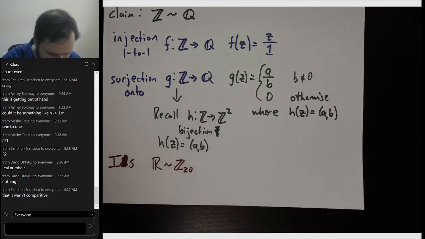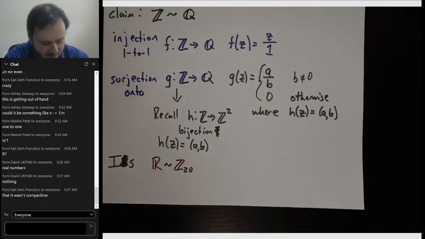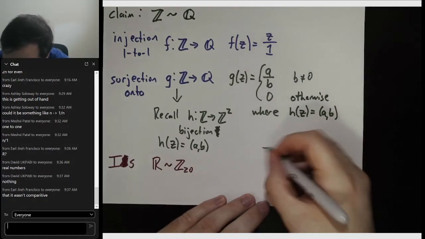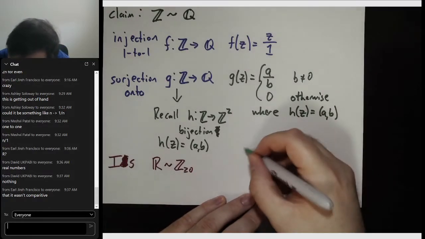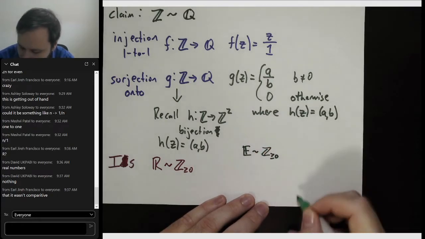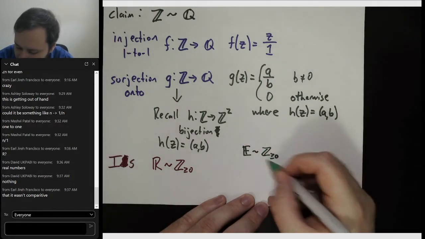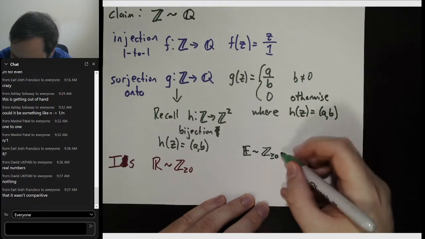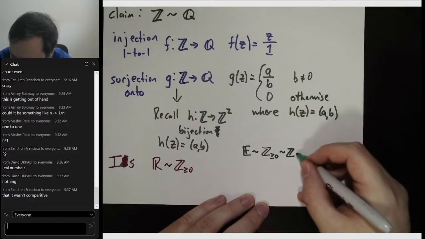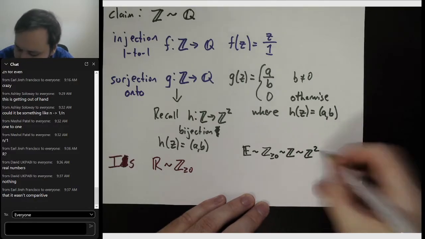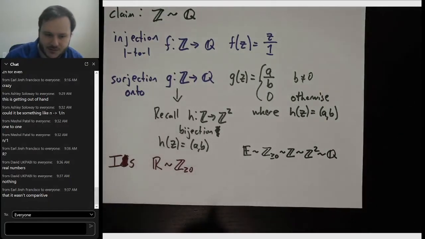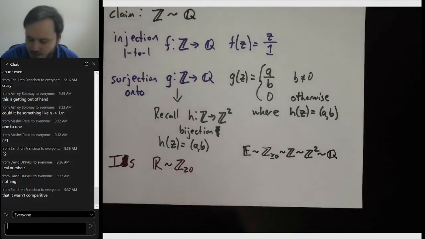Right, so far, here's what we've seen. Let me summarize what I've got for you. This is not the exact order I've done things, but the even numbers are equinumerous with the non-negative integers, are equinumerous with all of the integers, are equinumerous with the squared integers, are equinumerous with the rational numbers.